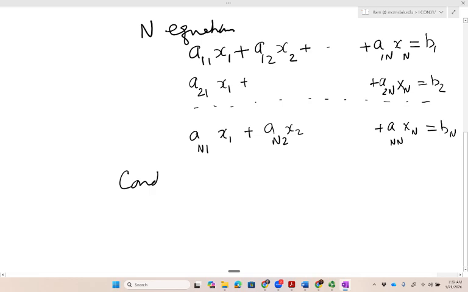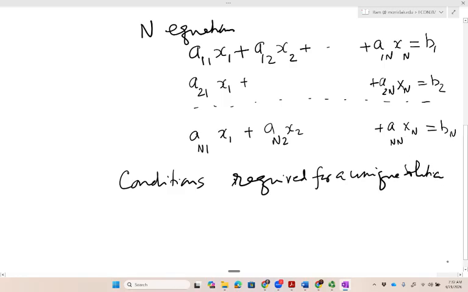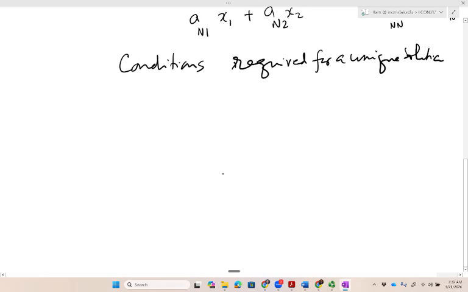So, conditions required for a unique solution. I start with examples just to show that it is not always the case that we will have a unique solution.